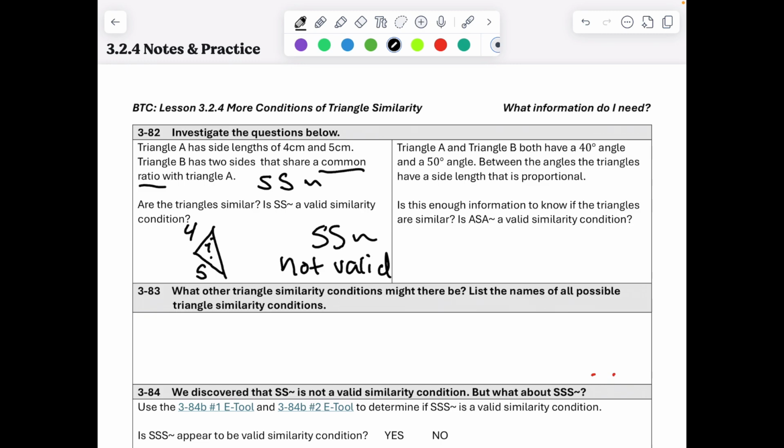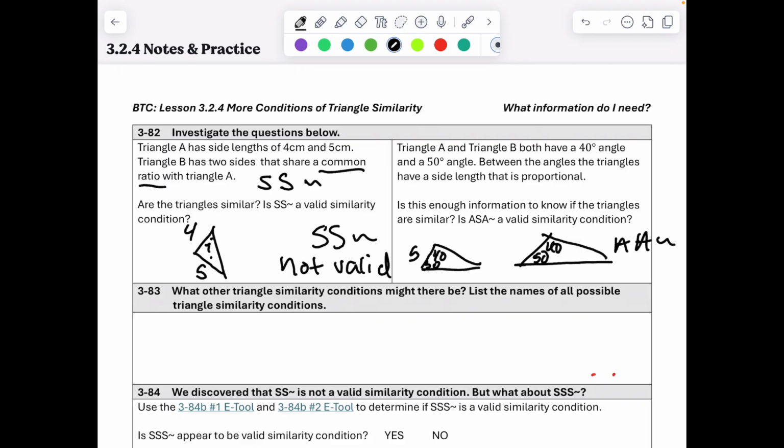If we have triangle A and triangle B that both have a 40 and 50 degree angle, so 40 and 50, obviously not drawn to scale, is that enough information to know that the triangles are similar? Yeah, it is. We have angle-angle similarity, right?